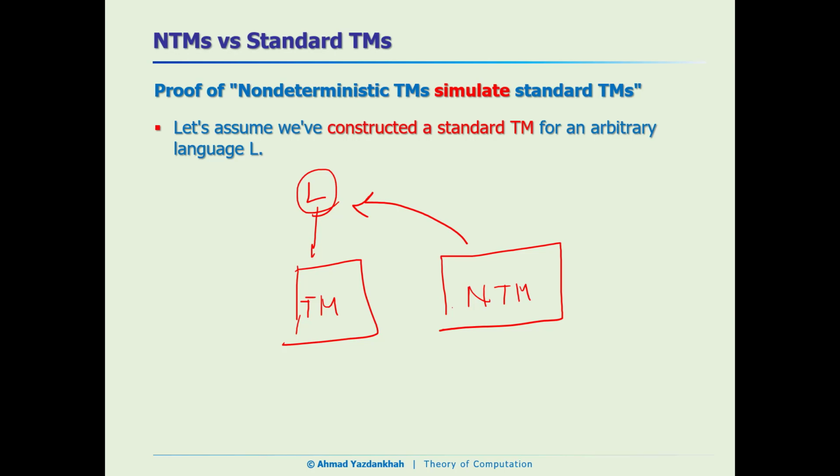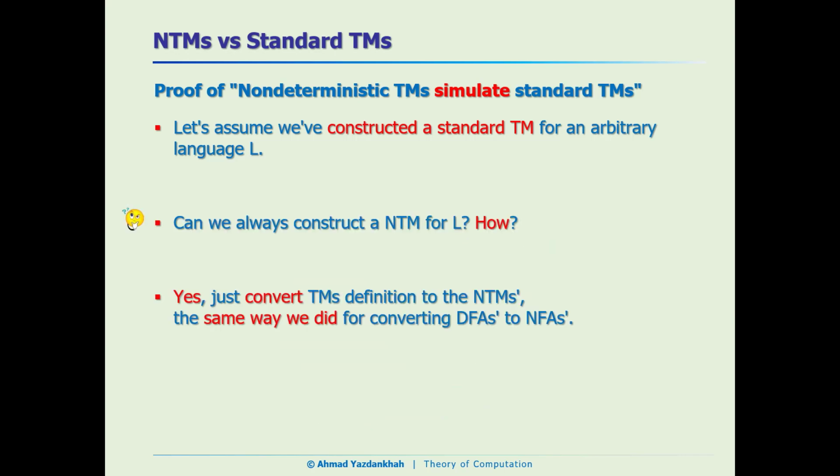Exactly, this is the question that we asked for DFAs and NFAs. You remember how we converted the definition of DFAs to NFAs? We can do exactly the same thing here. The conversion procedure is exactly the same as DFAs to NFAs.